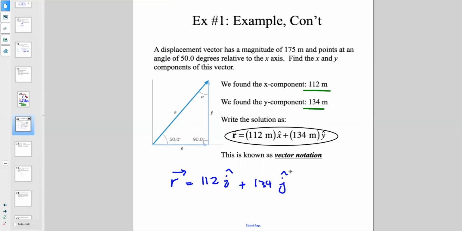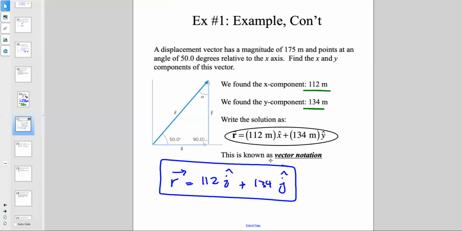Okay. You're presenting your vector r with two components, one along x direction and one along y direction. One with 112 magnitude along x and 134 along y. So 112 i hat plus 134 j hat will be your vector r.